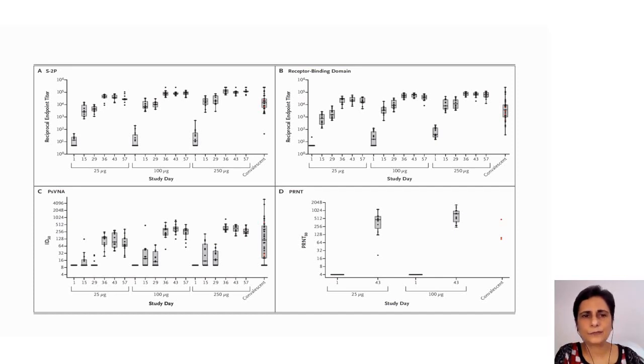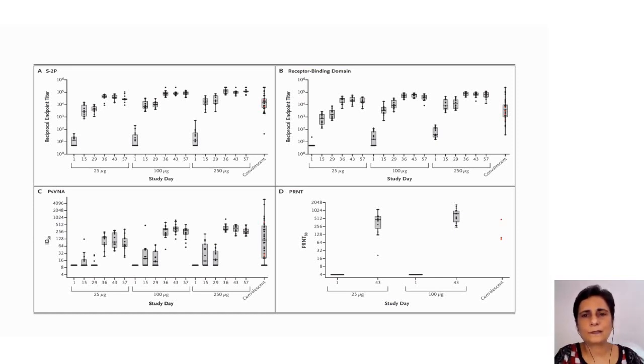A pseudovirus neutralization assay is seen in C, and here again, with all 3 doses of the vaccine, there is a good neutralizing antibody response that is made. Some dose response here with 25 micrograms giving lower neutralizing antibody titers. And then a wild type neutralization, a plaque reduction neutralization test is shown in figure D, and again, good neutralizing antibodies were made.